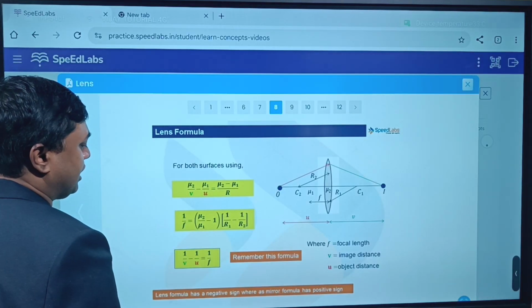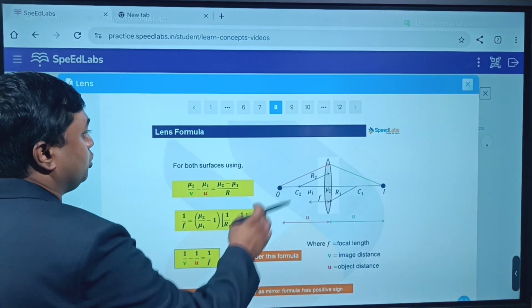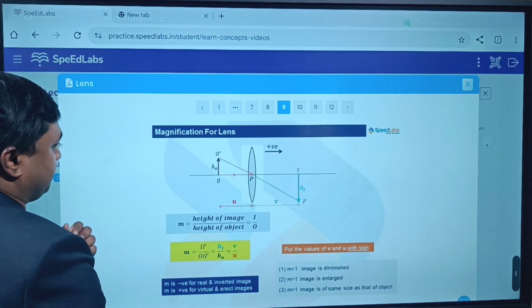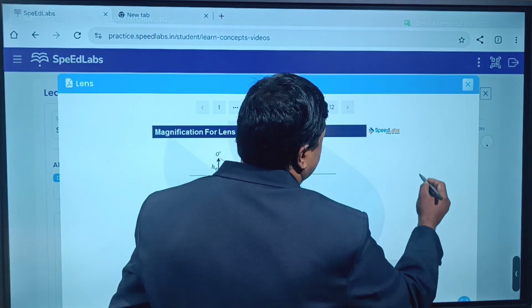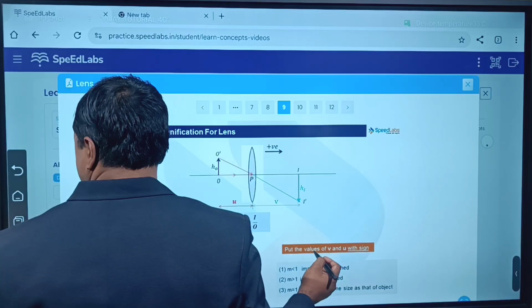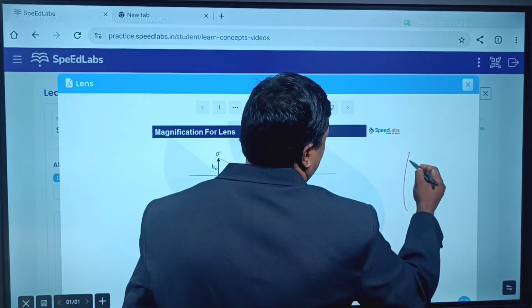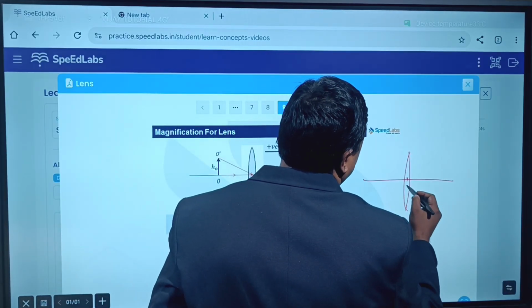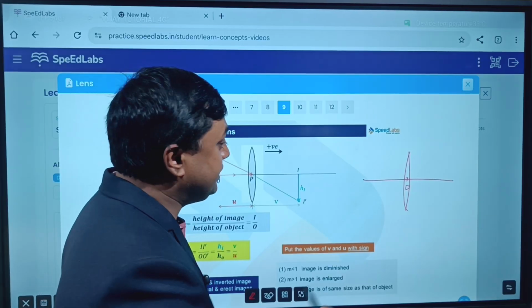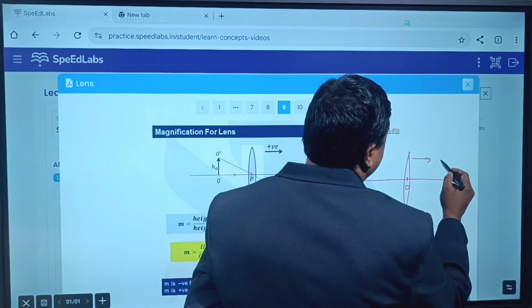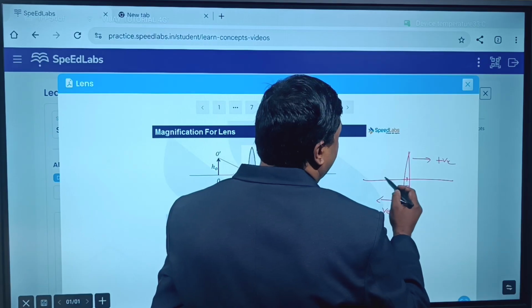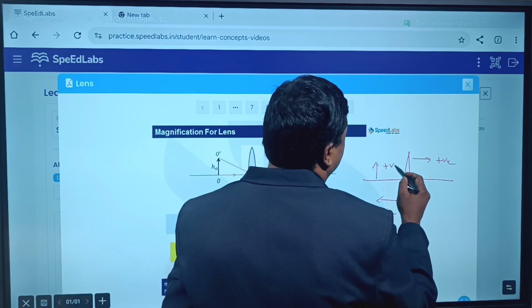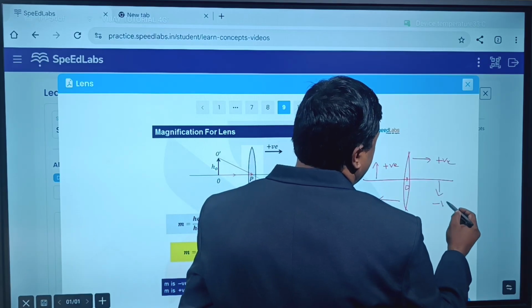So we will use the sign convention to solve the numericals. Here remember one thing, okay, for lens, how we are using the sign convention. All the distances are measured from the optical center. Okay, distances to the right of the optical center are taken as positive, left is taken as negative, height above the principal axis is taken as positive, and below the principal axis is taken as negative.